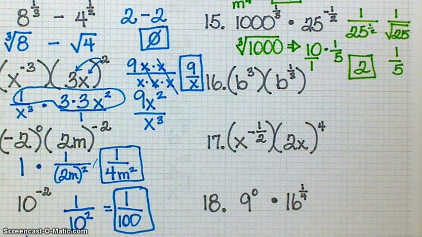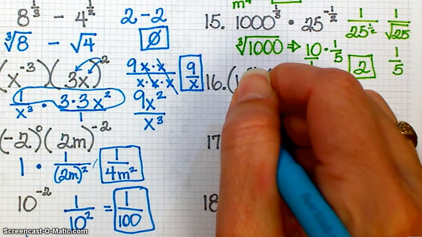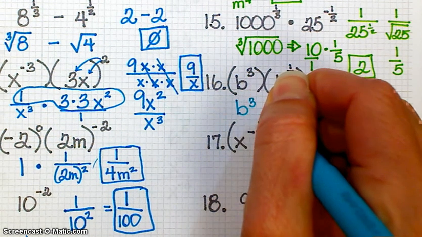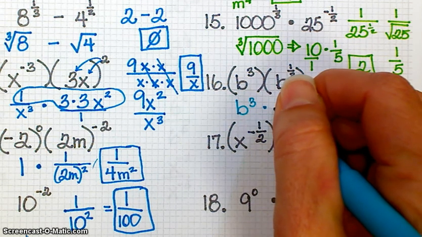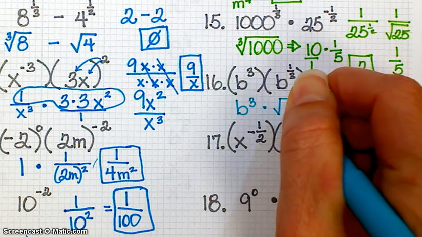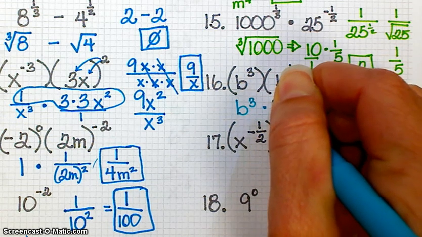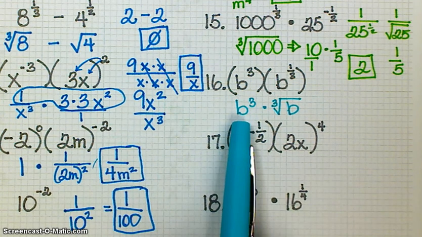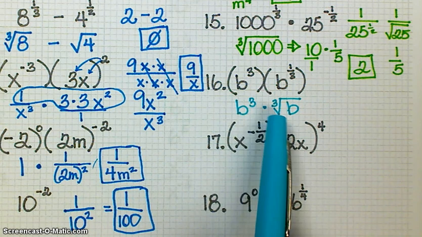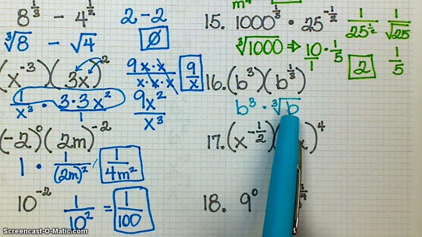Okay, number 6 says b to the 3rd times b to the 1/3. Okay, so this one is b to the 3rd, and you're multiplying it by the cube root of b.